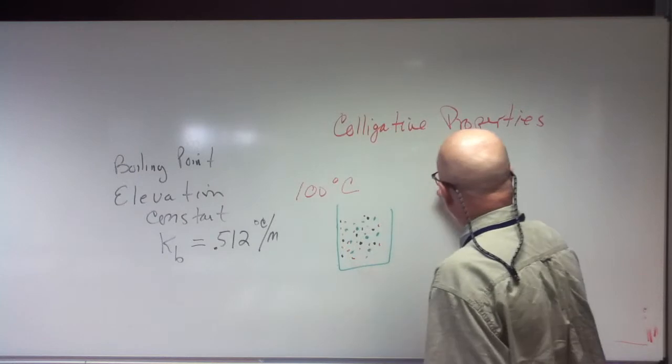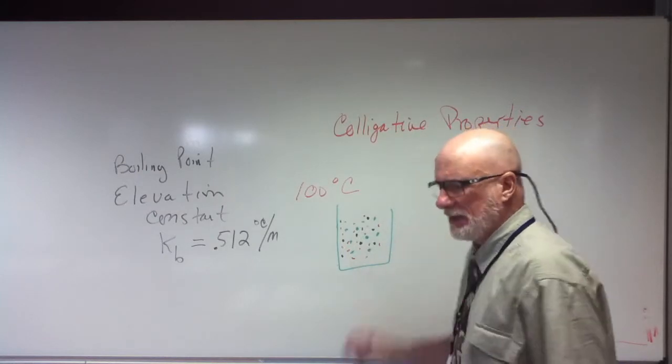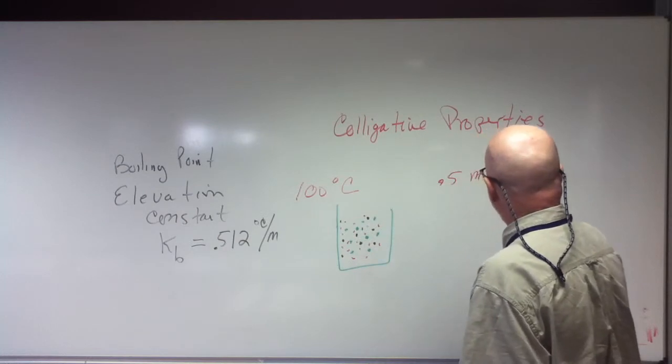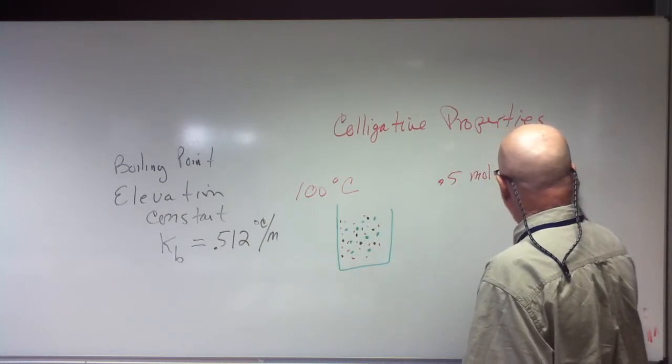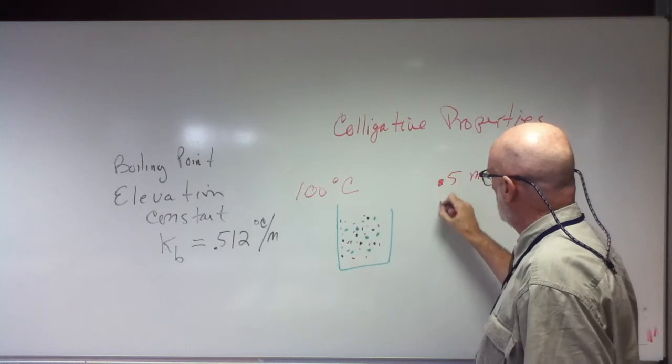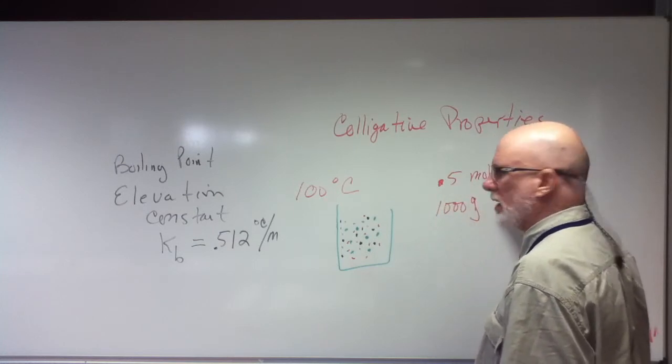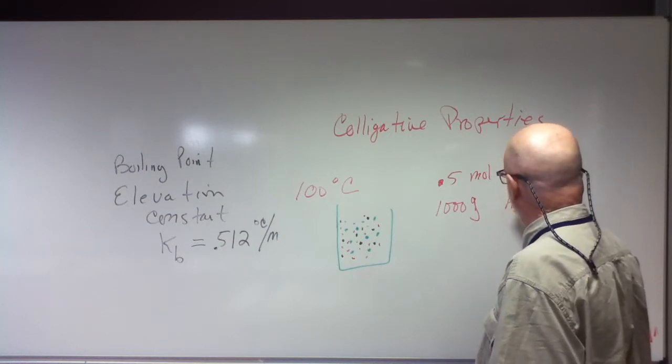So 0.5. What did I say? 0.5 moles glucose, and 1,000 grams of what? Water.